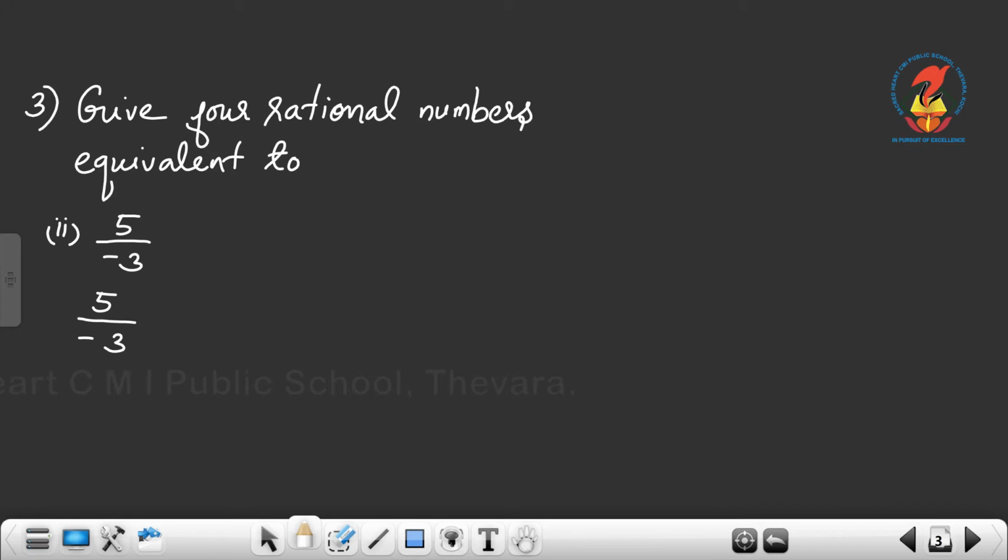So make the denominator positive. How can you make it positive? 5 by negative 3, you have to multiply both numerator and denominator by negative 1. So we can write it as negative 5 by 3. Okay, so make the denominator positive.